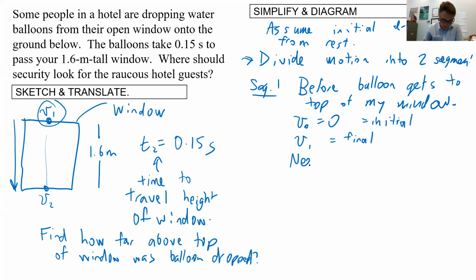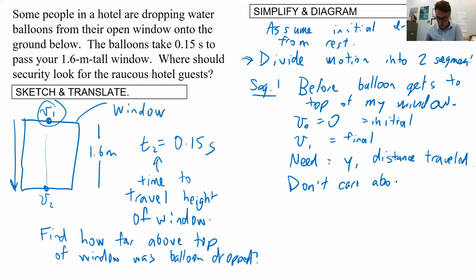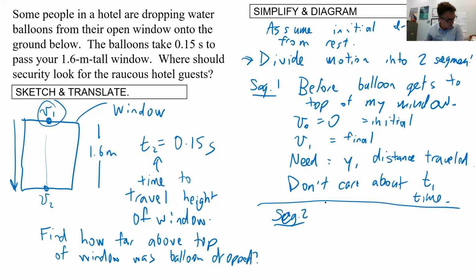What we need here is Y1, the distance traveled. How far above my window did it start from rest? And we don't care about the time, about how long it took, T1. Okay. And then there's going to be segment 2, which is the window part.